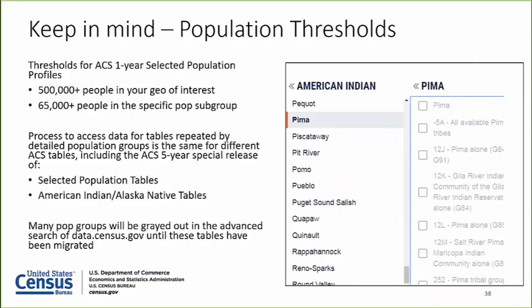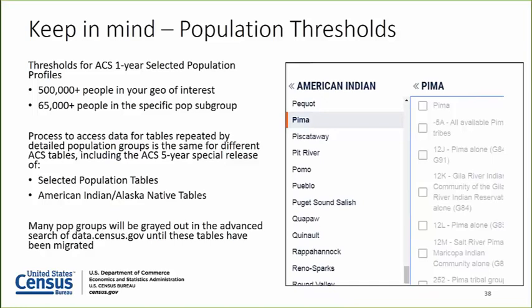A couple of things to keep in mind: the only detailed population groups that we have available are the ones from the ACS 1-year for 2016 and 2017. Because of that, you don't have a lot of coverage there.